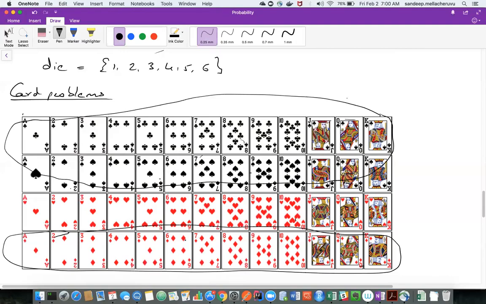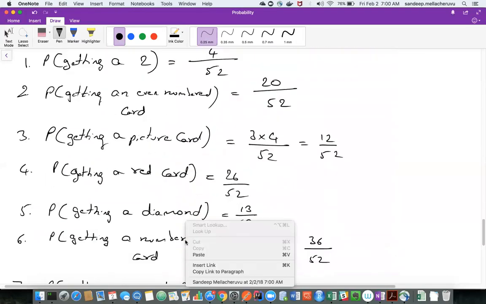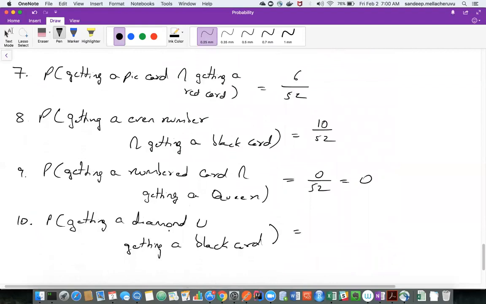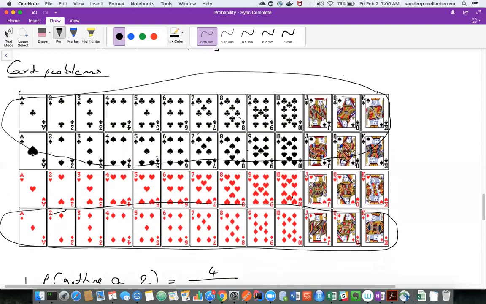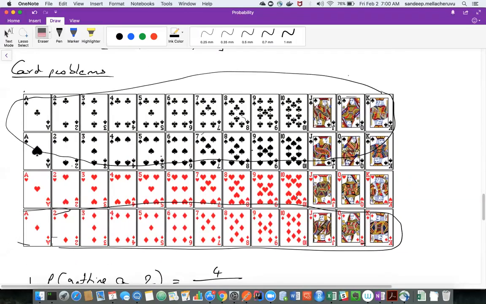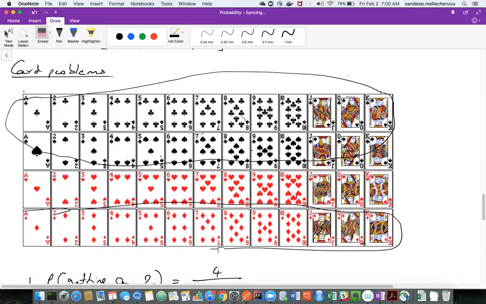Based on that, you add up both of them and say it is 39 by 52. Here there are 26 plus 13, 39. Hope you are getting used to probability now.